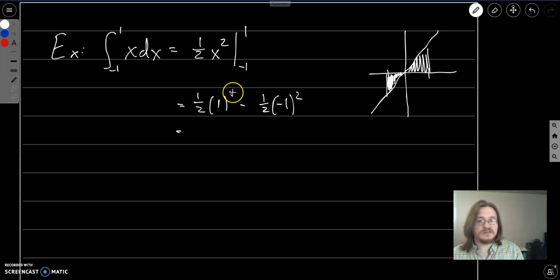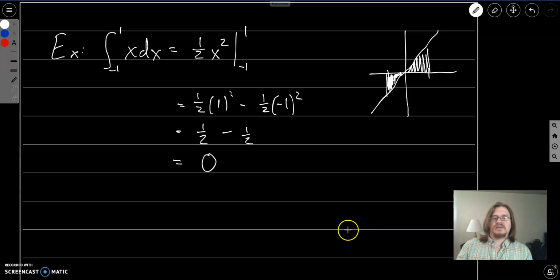Well, 1 squared is just 1, times 1/2 is 1/2. -1 squared is also 1, because the negative signs cancel out, and 1 times 1/2 is 1/2, and what we get is 0. But there's clearly an area here.